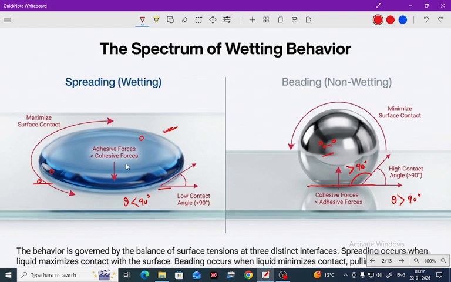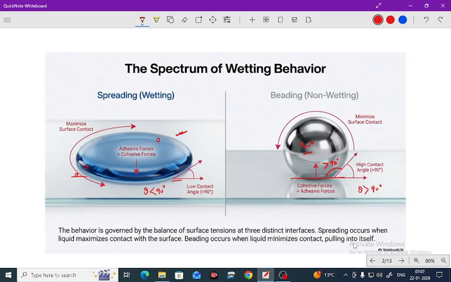Beading occurs when liquid minimizes contact, pulling into itself.